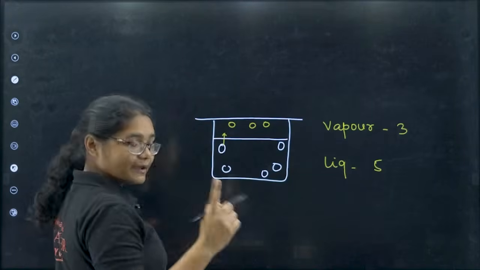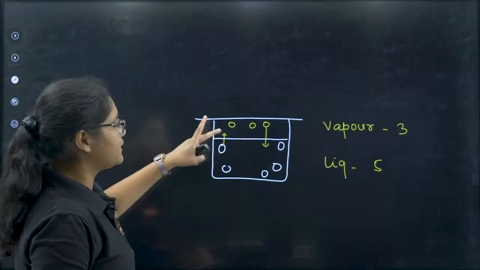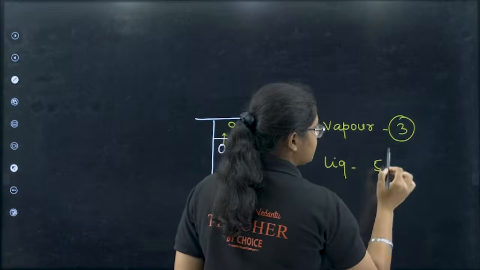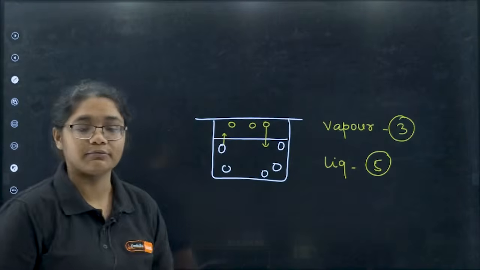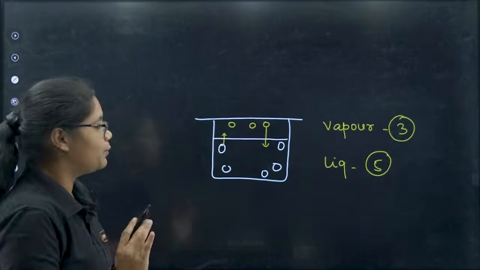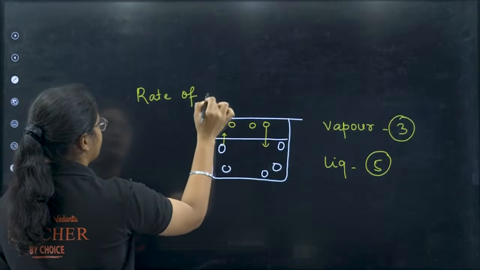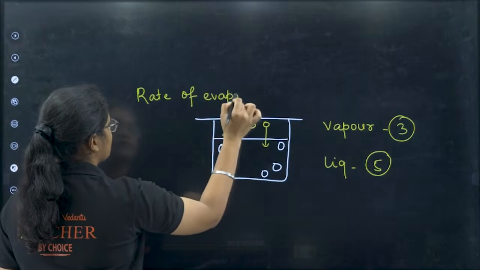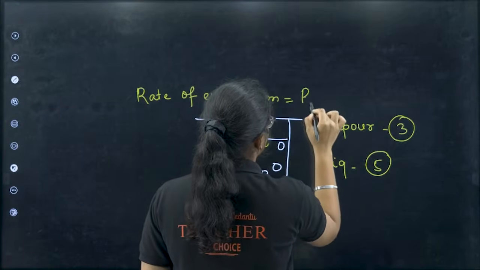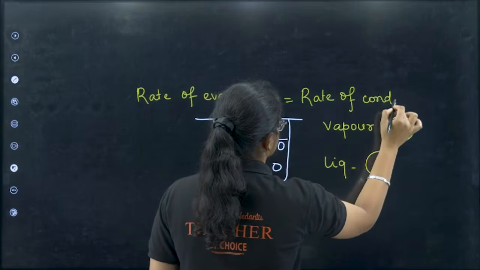At the same time 1 particle will condense here. So when 1 particle evaporates and 1 particle condenses, the number in the vapor phase will still remain the same, and the number of particles in the liquid phase will also remain 5. So there is a point where the rate of evaporation is equal to the rate of condensation.